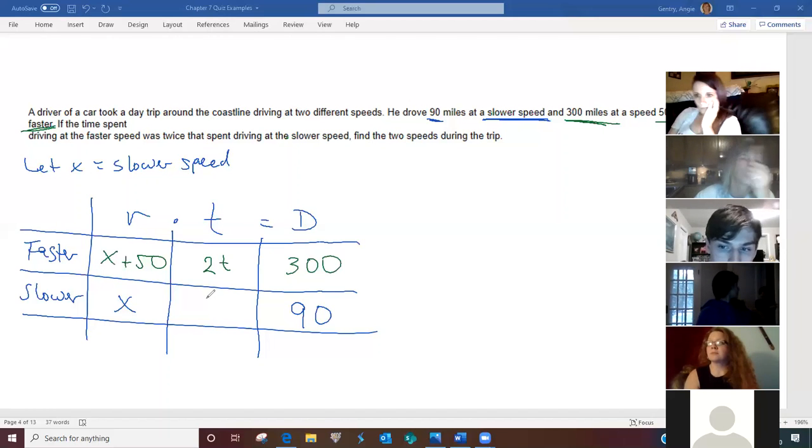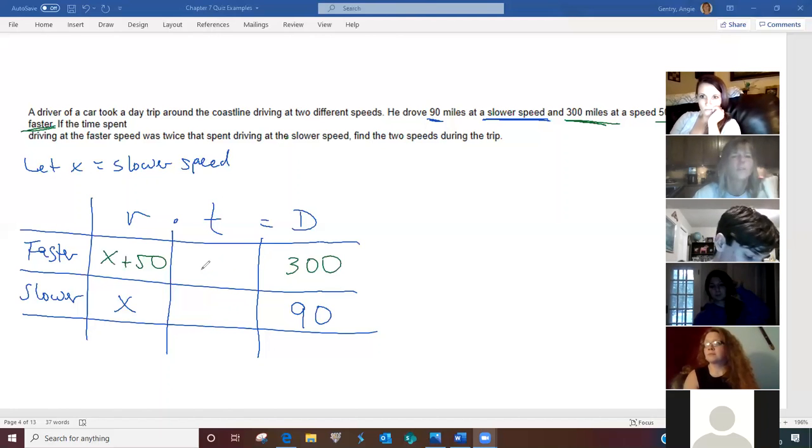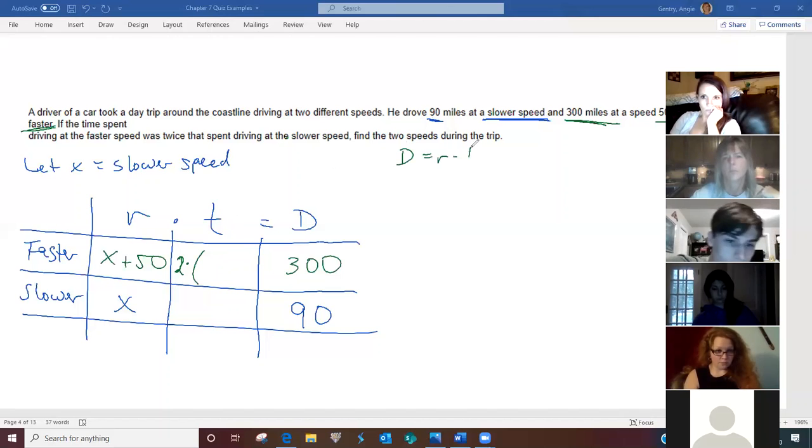I don't want to call that 2T. We're going to say 2 times, what is my time? Distance is rate times time. Time is distance divided by rate.